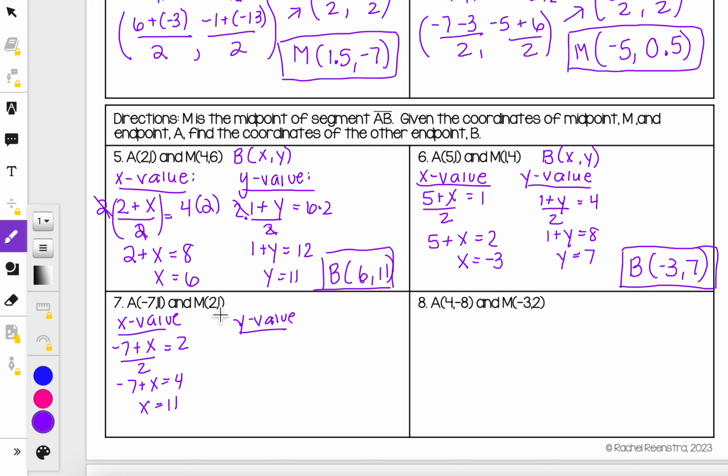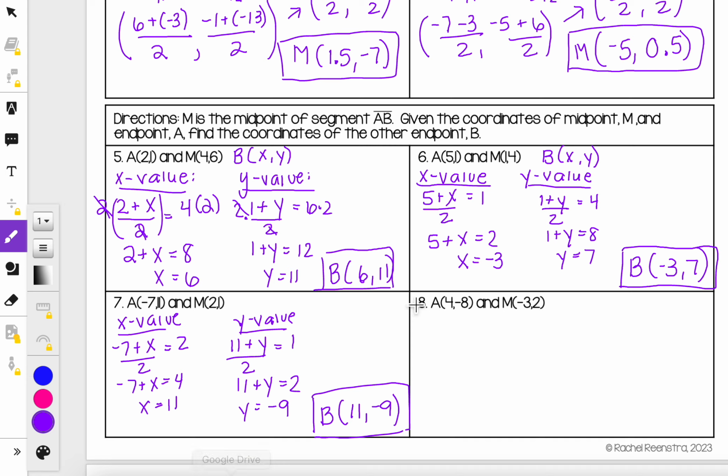For my y values, I have 11 plus some value y divided by 2 is going to equal 1. So 11 plus y equals 2, and y equals -9. So the coordinate of B is 11, -9.